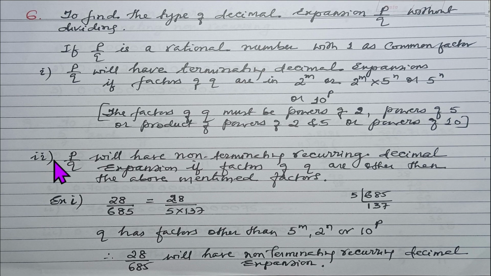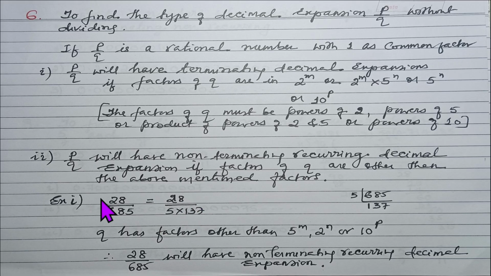Now the second part is when it will have a non-terminating recurring decimal expansion. The p by q will have a non-terminating recurring decimal expansion if the factors of q do not meet any one of these conditions. That means they are not factors of 2, not factors of 5, not factors of the product of 2 and 5, and not factors of 10, but the factors are totally different.